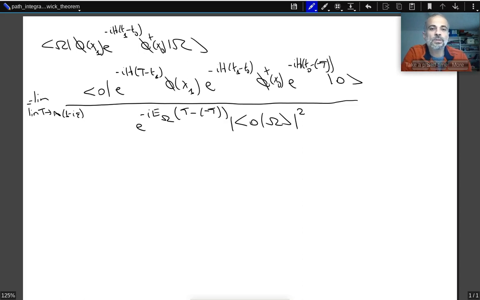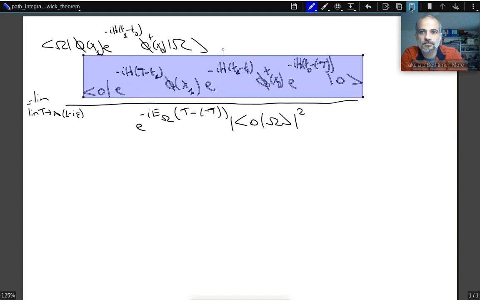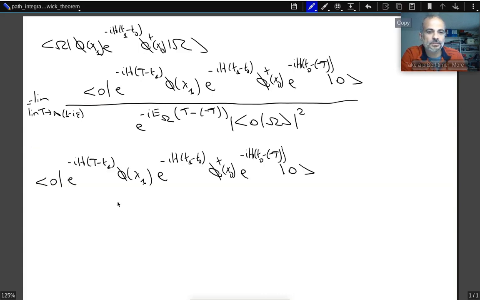Now let's see how we can express this. Let's just look at the numerator for simplicity, and see how we can express it in terms of our path integrals. First I will use the identity. This will be just d phi. I will insert an identity over here and also over here. Let me write it as the integral d phi of x1 t1.